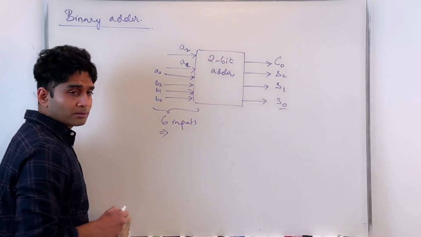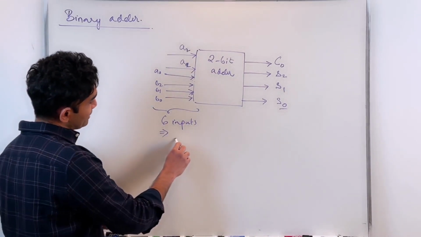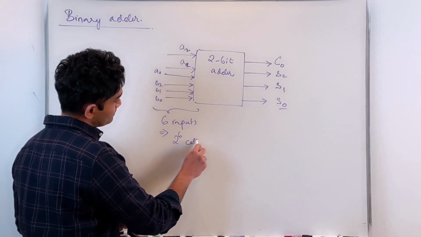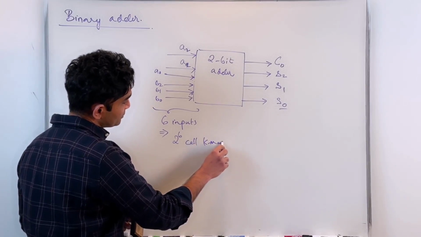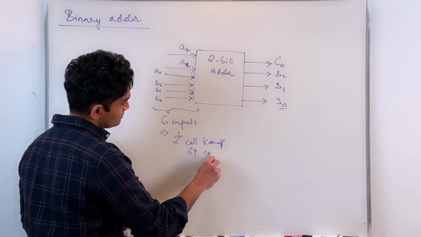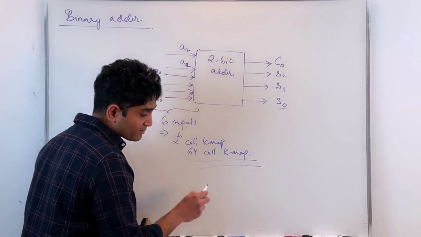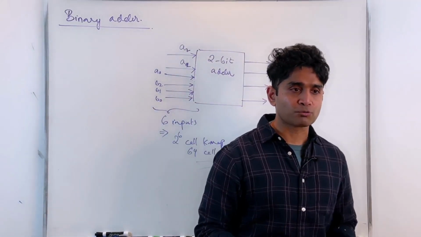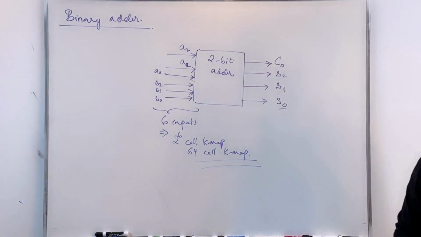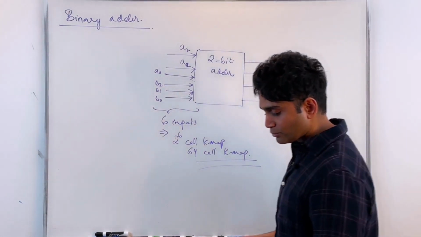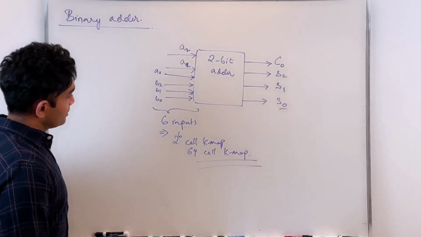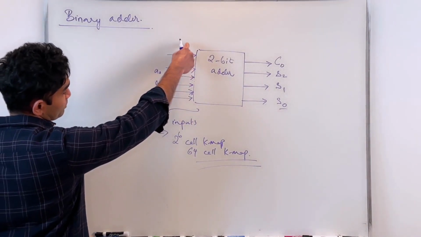Implies if I want to do the K-map approach, I'd be needing a 2 power 6 cell K-map, or 64 cell K-map. And the complexity increases every time I add an additional bit. If I want to add two 4-bit numbers together, how many inputs would I have?